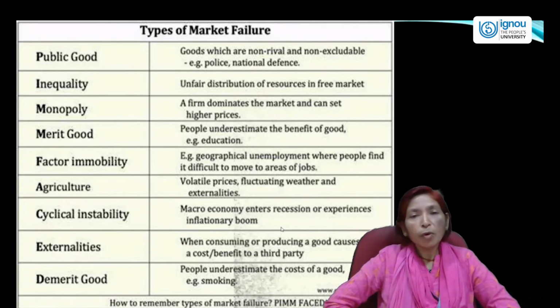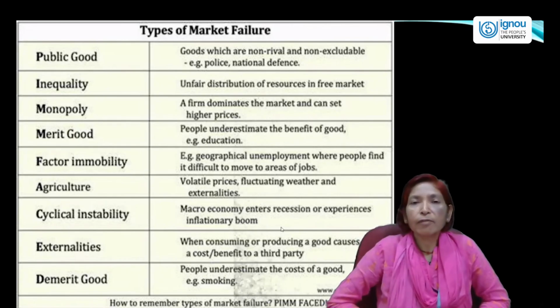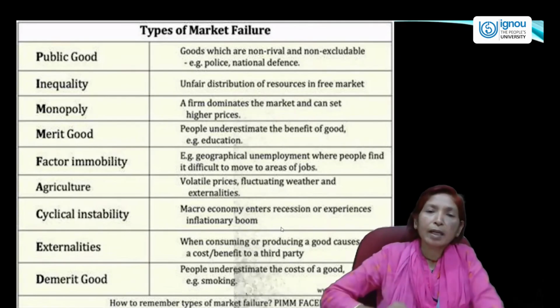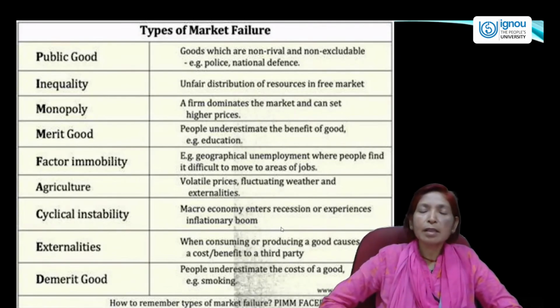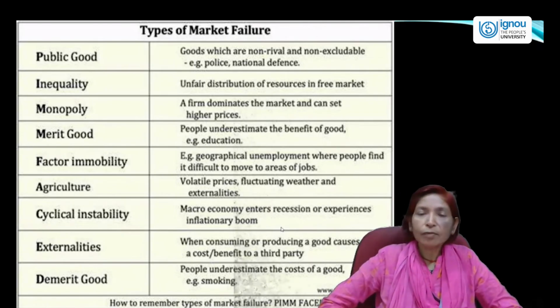Third is monopoly market. Monopoly market is a main cause of market failure because we know that monopoly is that type of market in which only a single seller exists, and the single seller has full control over the price and quantity of the product.